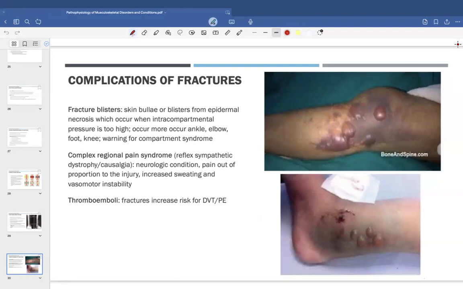So just a little bit more in depth on your compartment syndrome, which we've already kind of covered, is that it is those increased pressures, usually due to edema, increased vasomotor and capillary bleeding, a combination of the two, as a result of the inflammatory response with the injury and tissue death.